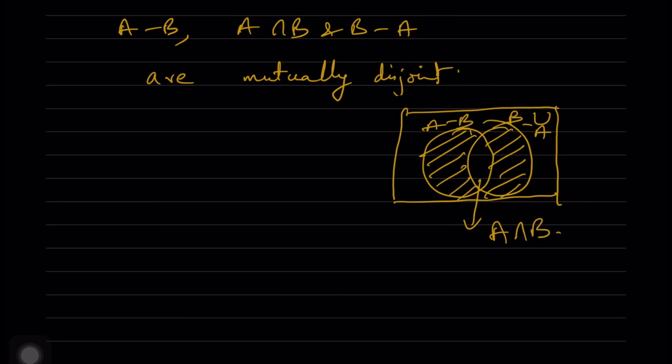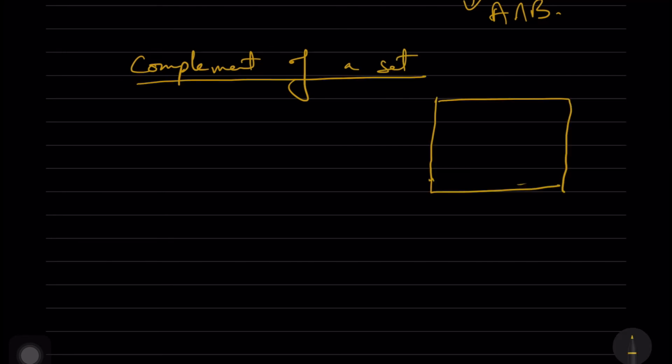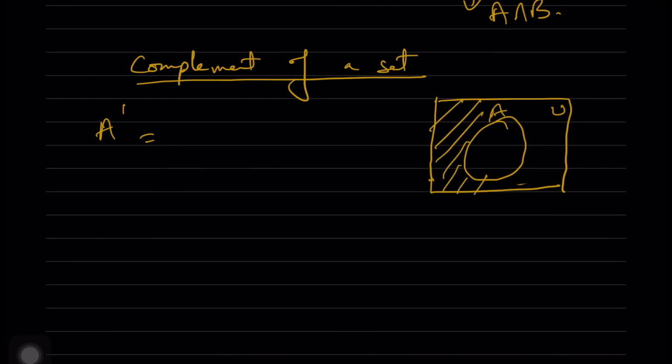So all three are disjoint. Now, complement of a set. Here A is there. The complement of A is represented as A dash. This is the universe. The complement of A is, if you remove A from the universe, that is the complement. That means U minus A is said to be A complement.